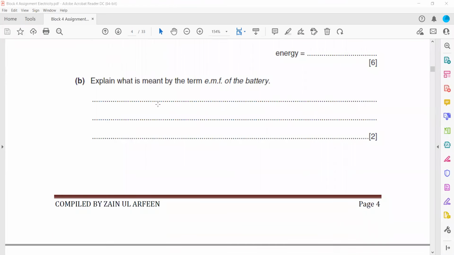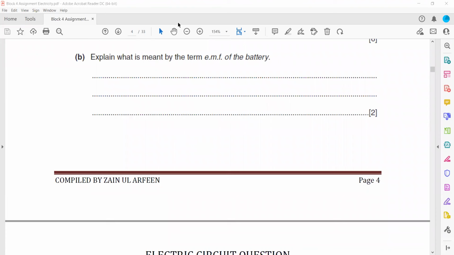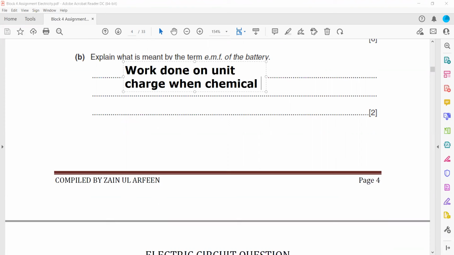Then part B, what is meant by the electromotive force of a battery? The EMF of the battery, the standard definition, is the work done on a unit charge when chemical energy changes to electrical energy.